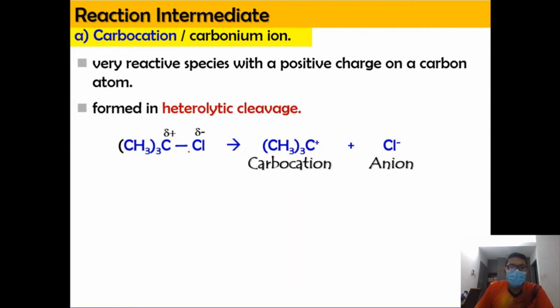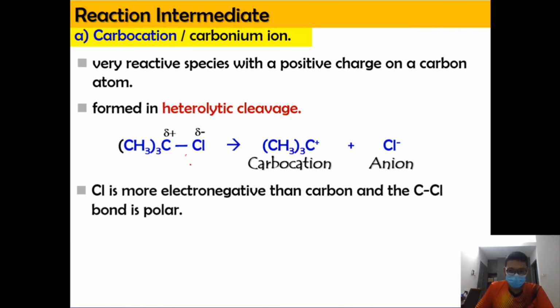So the electron density... we know that chlorine is more electronegative than carbon, and we know that this bond is polar. So the two electrons here are going to be attracted to the more electronegative atom, and hence the chlorine is going to carry a negative charge. Meanwhile, the carbon here, which doesn't get any electron, will carry a positive charge, and the positive charge here is known as carbocation.